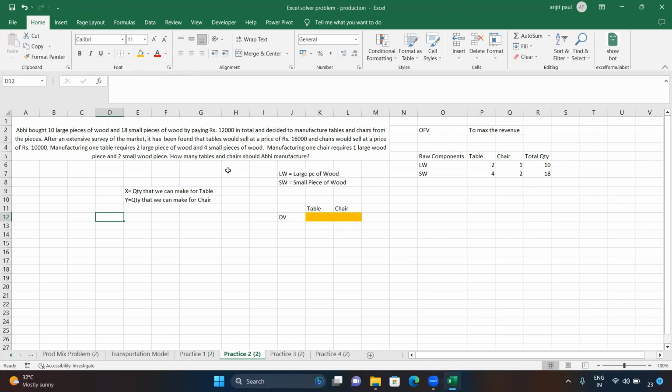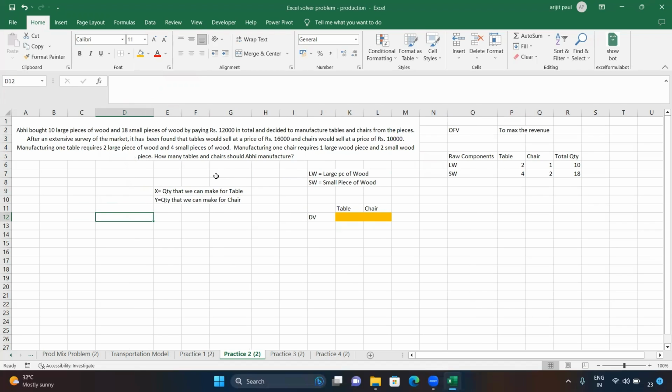So that means in the mathematical model we can mention 2x + y <= 10. 2 means what? 2 means this one. And x means what? The quantity that we can make for table. So y is the quantity that we can make for chair. So 2x + y should be less than or equal to 10 because that is the availability of large woods. Okay, so this is our constraint.